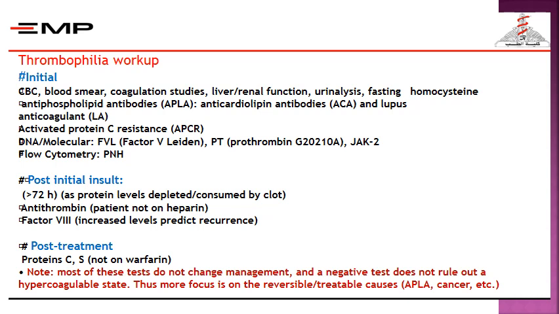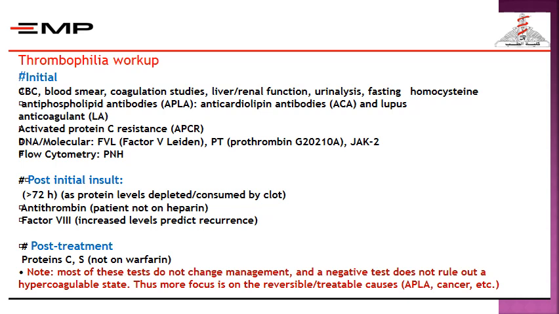Usually we find it in myeloproliferative disorder, and it is one of the most important diagnoses now for patients with myeloproliferative disorder. Also, we can test for a disease called paroxysmal nocturnal hemoglobinuria by flow cytometry and doing CD55 and 59.